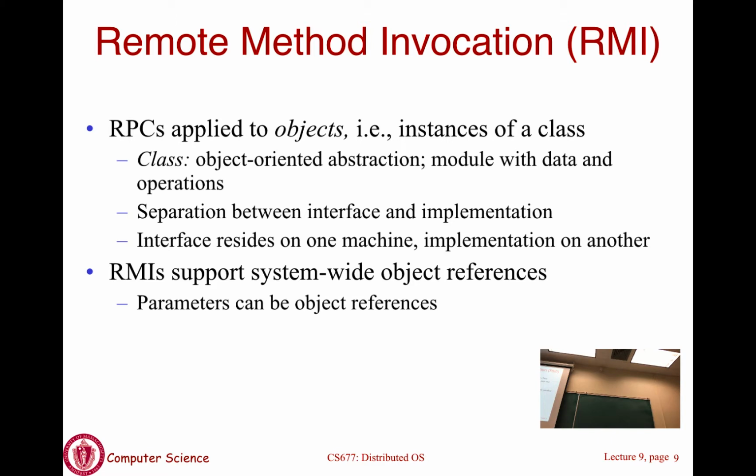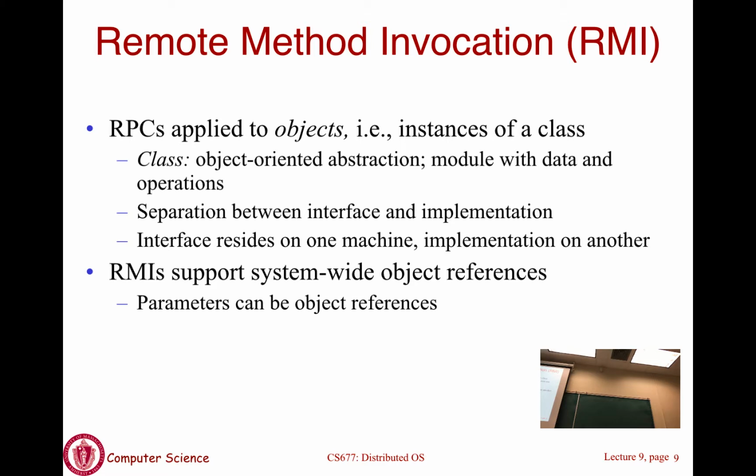Typically, the class is going to have some state or some variables, and then it's going to have a set of methods. Typically, the methods are called by other objects, and they make some changes to the state of the object. Now imagine that some of these methods are being invoked by other processes, other objects residing in other processes, rather than objects within the same process. And now you've got RPCs essentially in the object-oriented world.